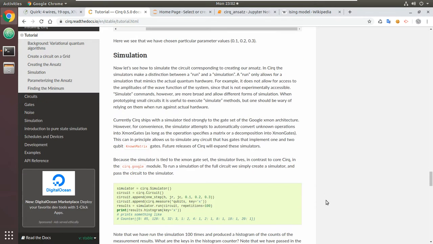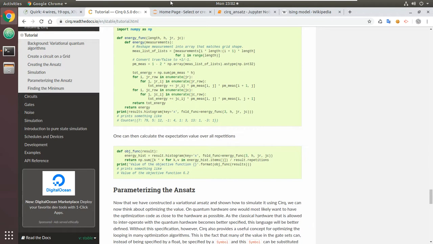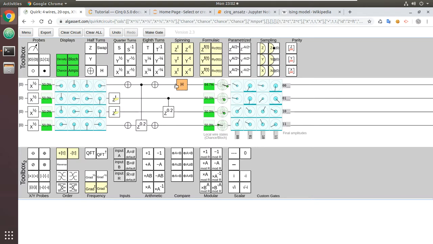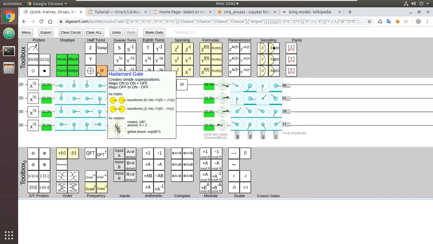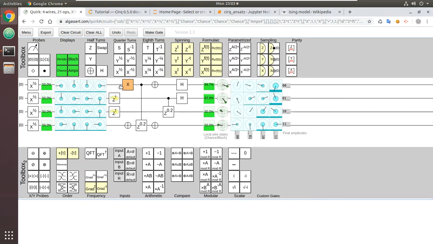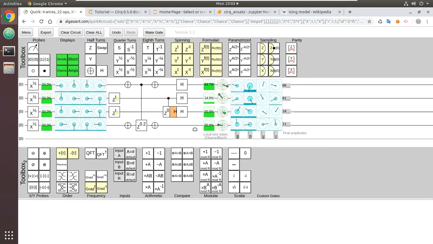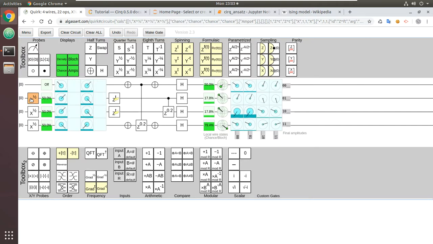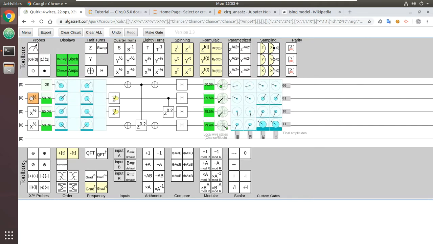Unless this measurement is a measurement on the X basis, because then what this would mean is that you would put a bunch of Hadamards in here. And that basically changes the amplitudes, right? Sorry, I'm going to fix that because otherwise it's confusing.